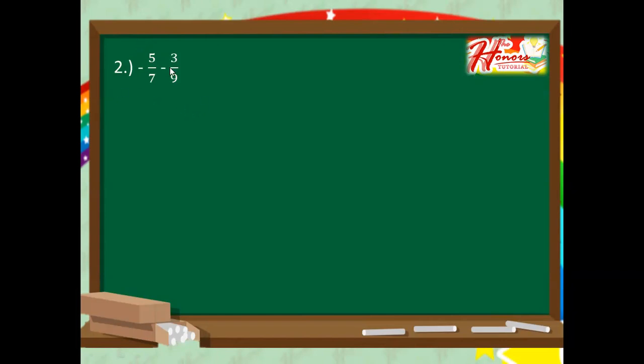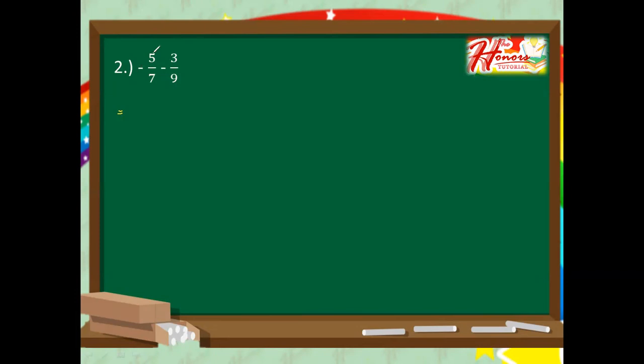This is how. Since we are going to use the butterfly method, let's solve for this. But first, before using the butterfly method, I just wanted you to be reminded.